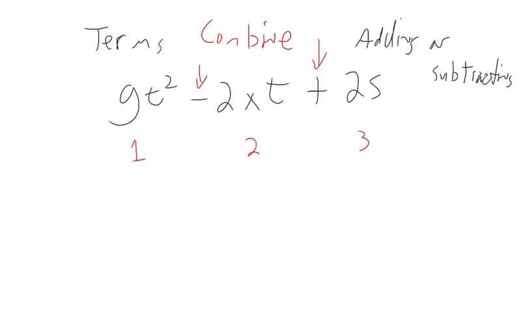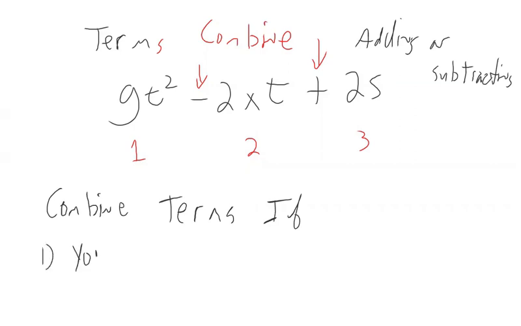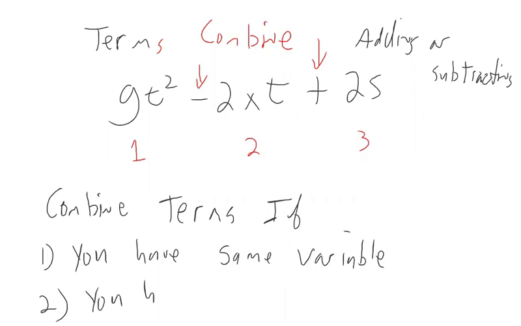And you can only combine terms if, one, you have the same variable, and two, you have the same exponent. In other words, you must have the same letter with the same powers to combine terms. And this is called an algebraic expression because there's no equal sign.